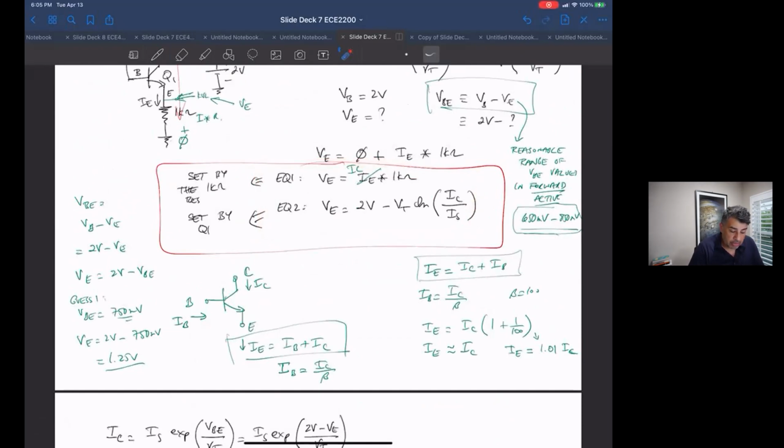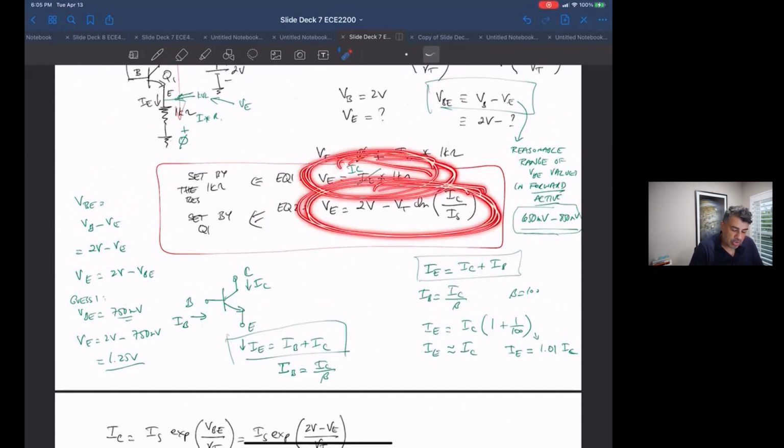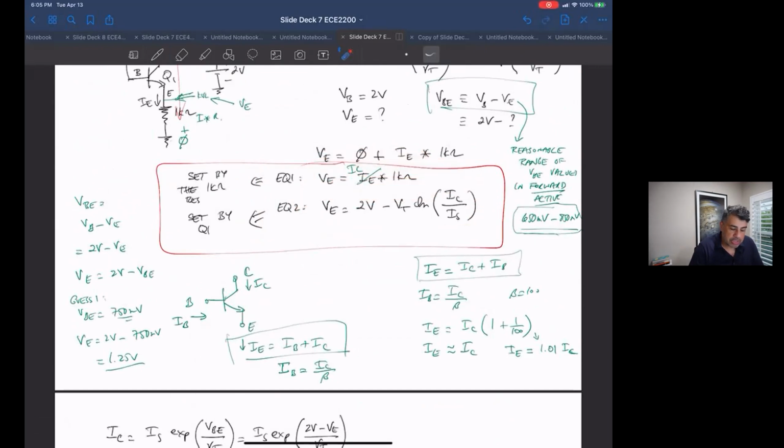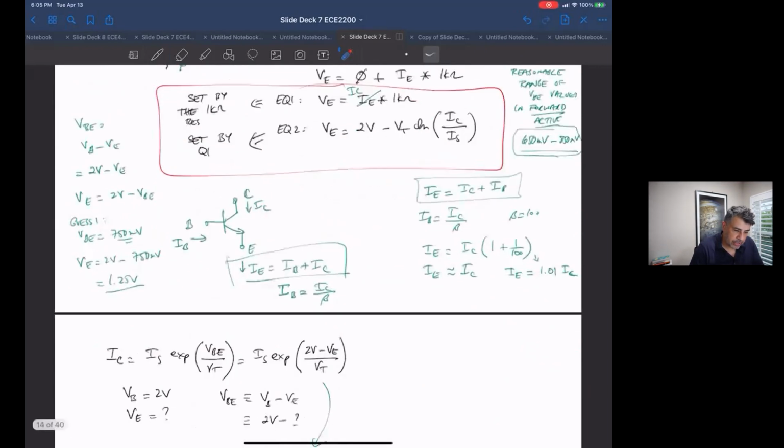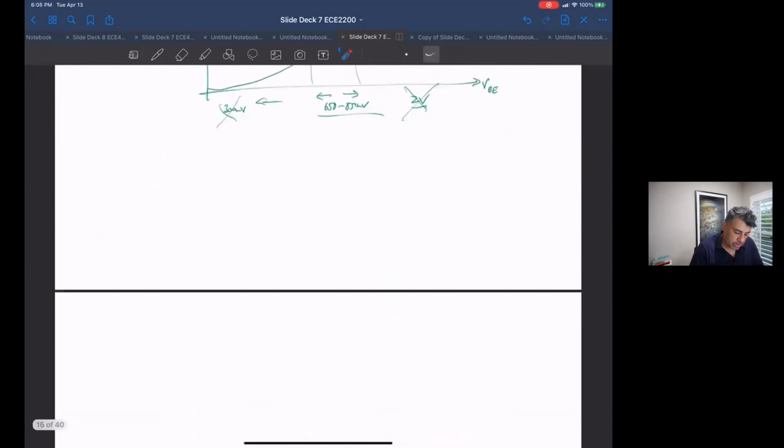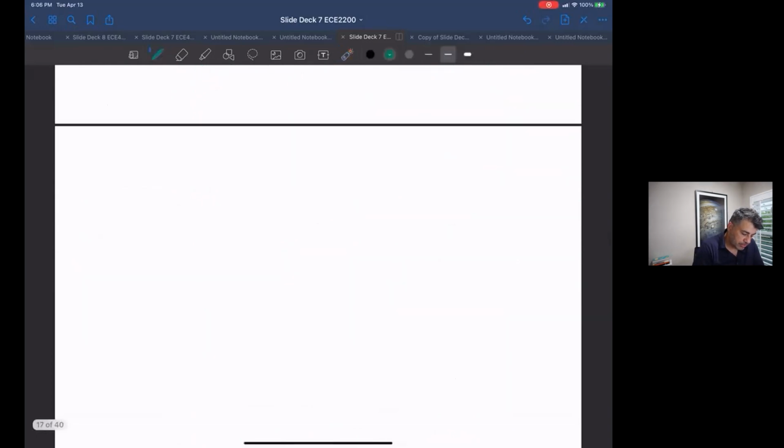What's that graphical method? Well, we put them both in terms of the same thing and we graph these equations, right? Where the 2 graphs cross is the only permissible value for the circuit. Okay, so let me do the first graph.